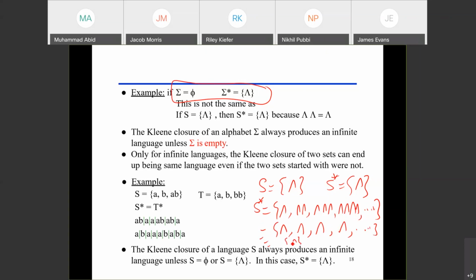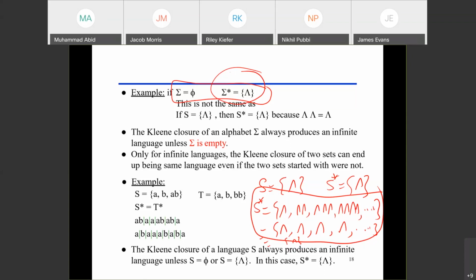Okay, so now this is a different thing, you see. It has this whole big set here, but in this case it is just one lambda. It does not have two lambdas or something, but the end result is the same. But if you see the logic, the concept behind that, these two things are not the same, though the end result is the same.